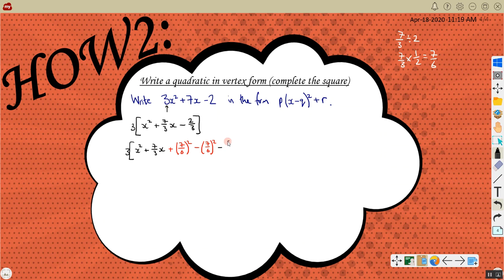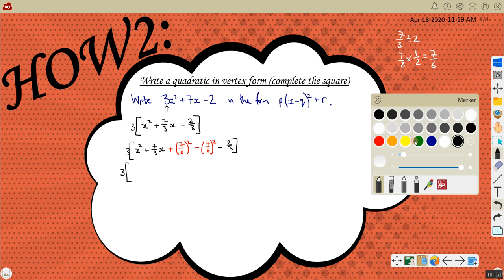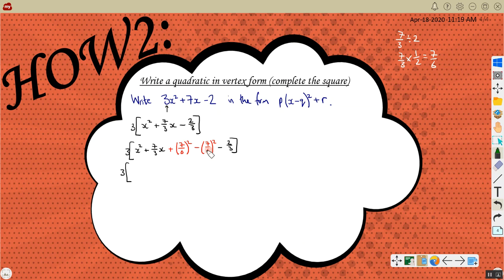And then I still got my last value of negative 2 over 3. This step is very important. Then, when you get down to here, you're pretty much done because you take your first 3 terms inside here, they combine to give x, and you take this value, 7 over 6, and square it.